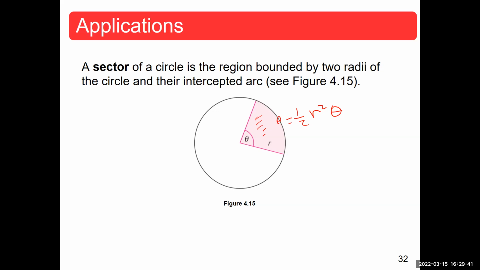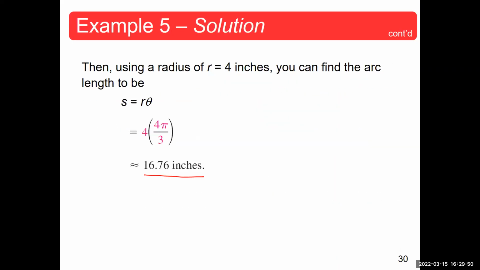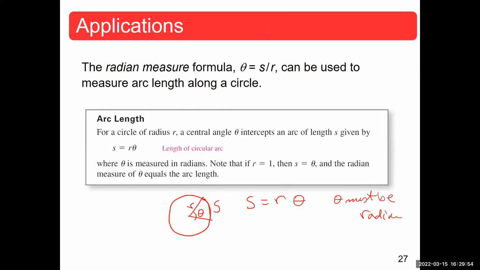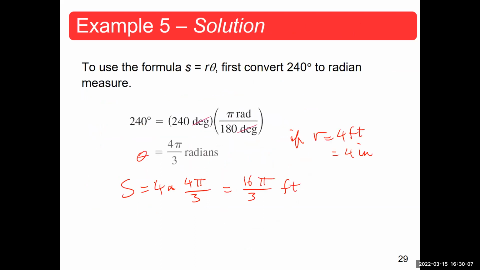Let's see if they have an example. So let's go back to this problem. What's the area of this sector? R is 4. How much was the angle in radians? Let's go back down and find out.